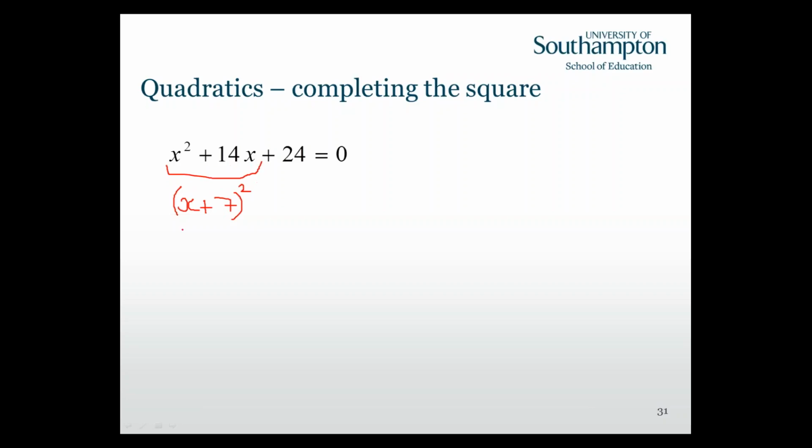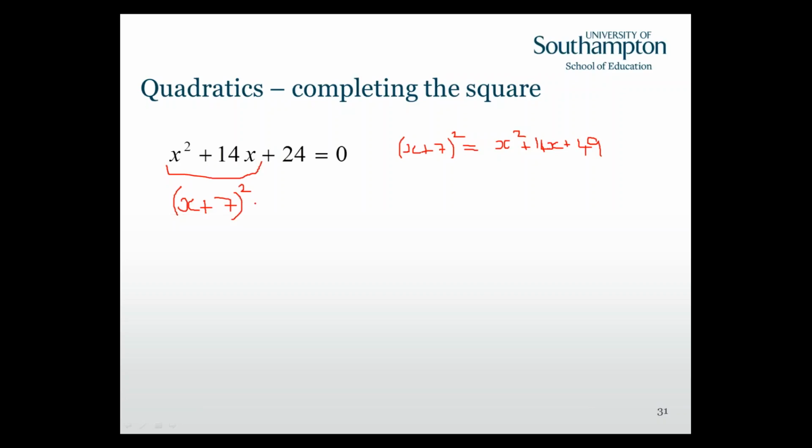So I imagine that this is my bracket, because if I multiply that out, I get x squared plus 14x plus 49. So that is the same as my first bit here, except that I've got this extra 49 that I don't need.